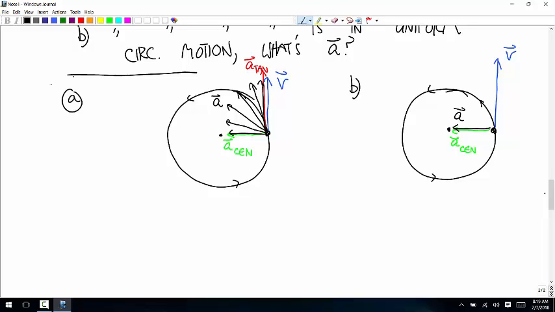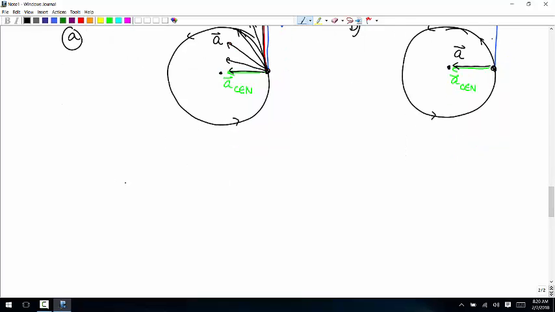Think of it this way. The acceleration vector is the velocity at instant 2 minus the velocity at instant 1 divided by the change in time, right? And it's a limit.